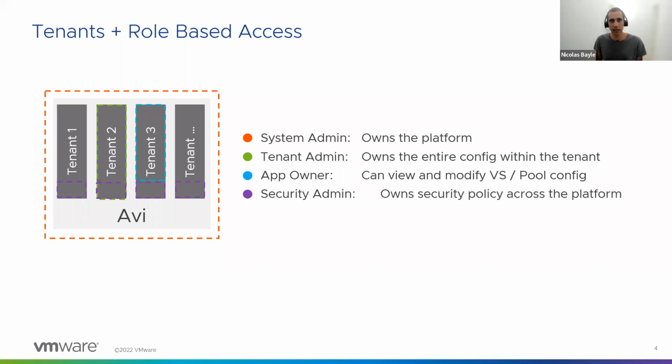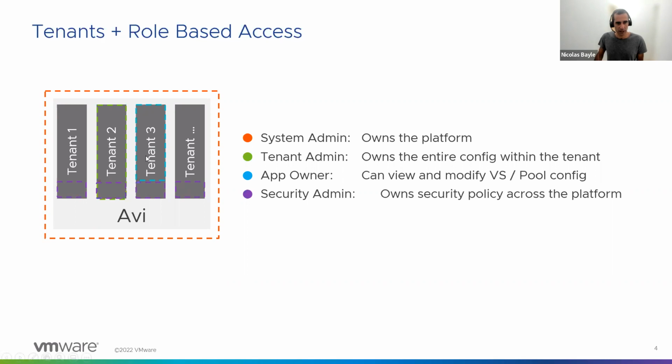But you can also say, okay, for some users, I want to make sure I reduce the scope of actions of those users. So this is the case, for instance, for the green user here, he can see only tenant number 2, right?